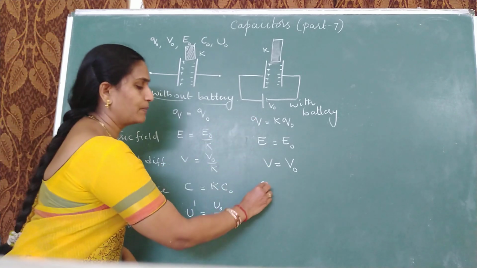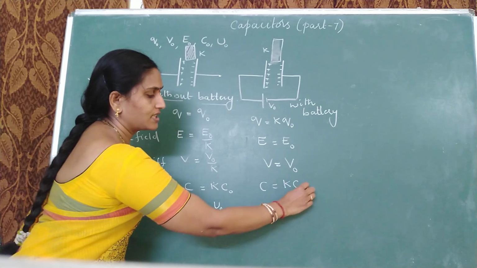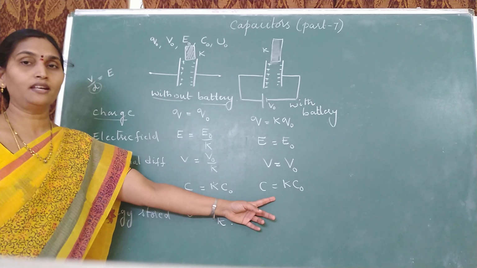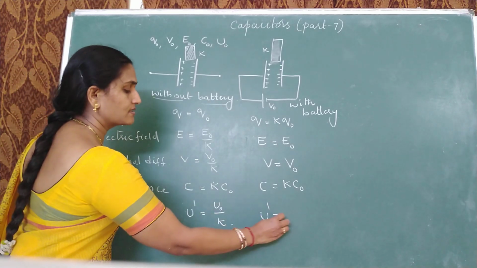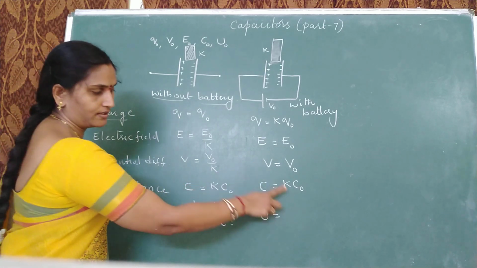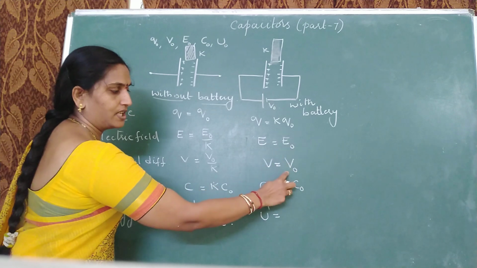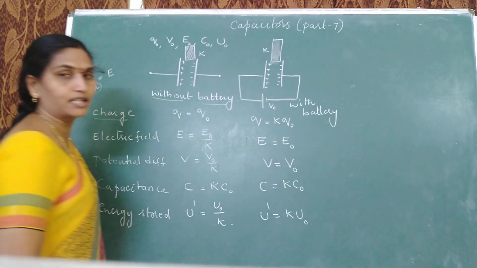Q by V is the new capacitance, K Q naught by V naught, which is K times C naught. That means capacitance is still increasing by K times. Then come to energy. U dash is half C V square. C has become K C naught, V naught remained as it is. So energy increases by K times.